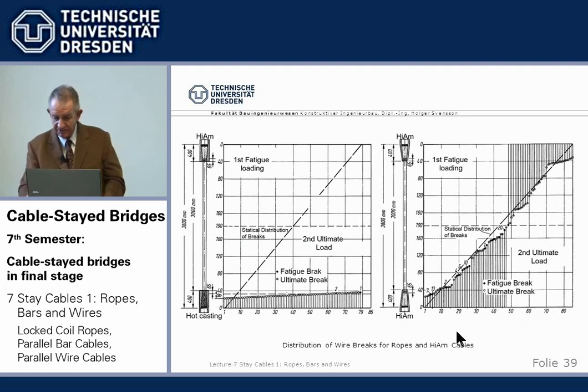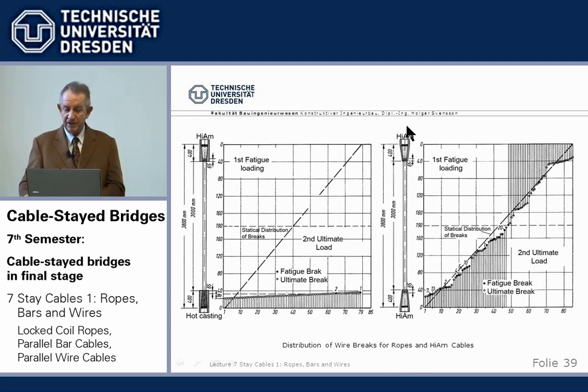And now the difference in fatigue is demonstrated with the fatigue testing of two similar test stay cables. However, they have one difference. This anchor head is using the hot casting Zamak material, and the others use the cold casting material of steel balls.